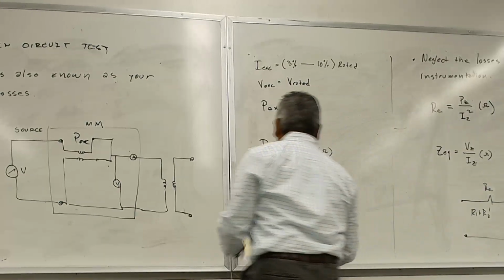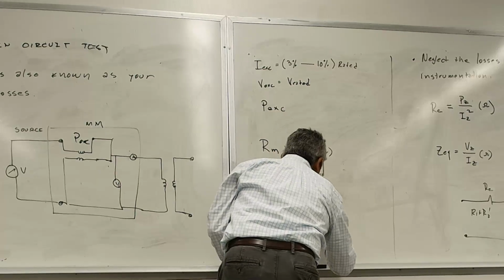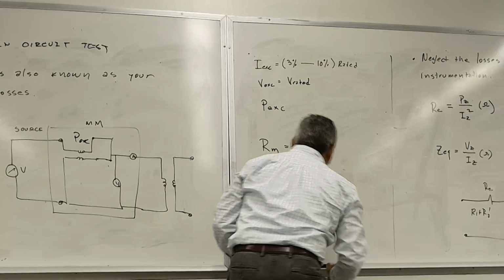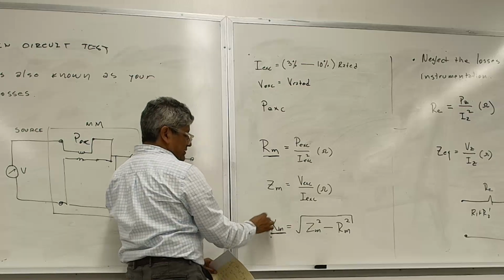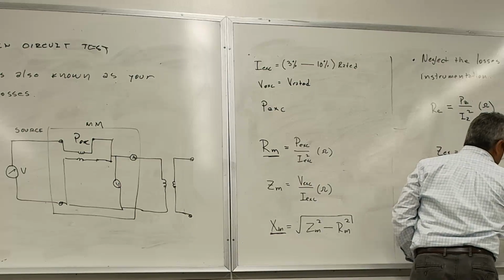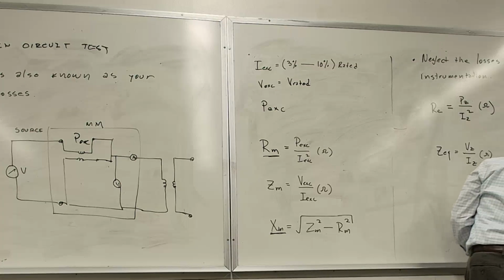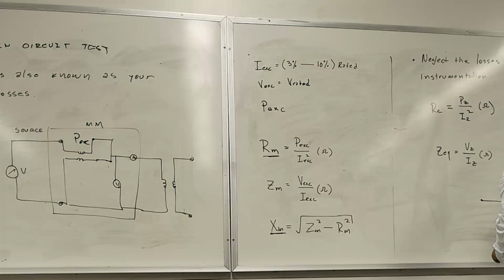So same thing. We say that XM is equal to the square root of Zm squared minus Rm squared. And that gives us this value and this value. And the only thing we know is that this is the imaginary part, right? So this gives us, let me redraw this thing here so that we have a complete model. I did it on this side of the transformer, so I'm going to have it like this.